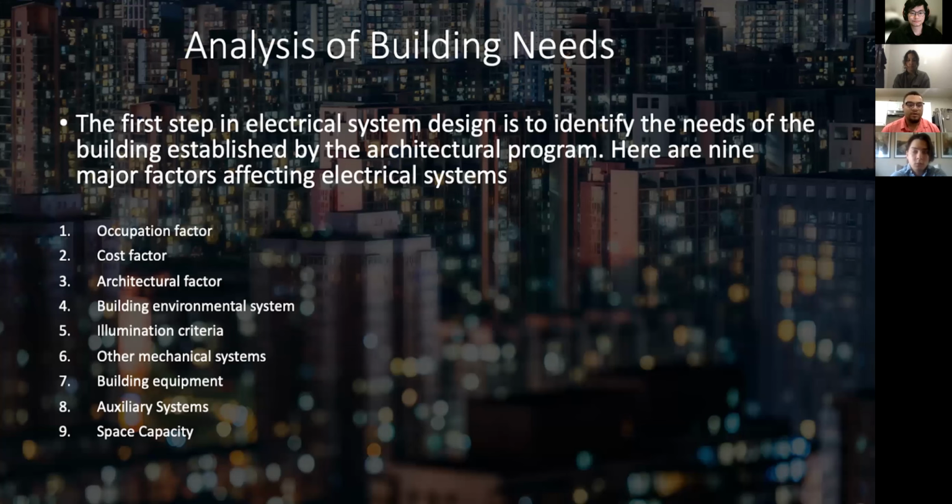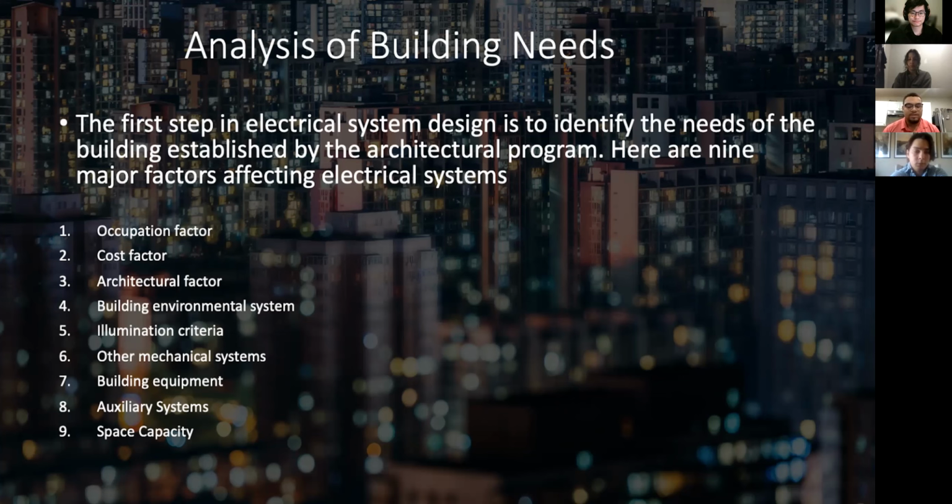The cost factor. What type of budget do they have for the building? The architectural factor, which goes by the size, the building environment systems, whether it is heated or cooled, the illumination criteria, the lighting level, or the types of lighting sources.